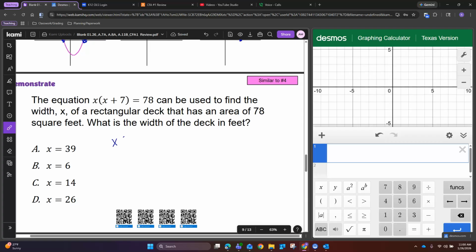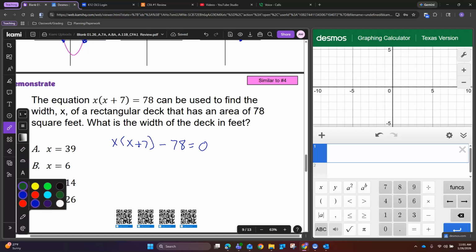We can say x times x plus 7, and then we can subtract the 78 from both sides and set it equal to 0. Or we can graph this as two separate equations and see where they cross. So if we were to graph this as two separate equations, it would be y equals x times x plus 7 and y equals 78.